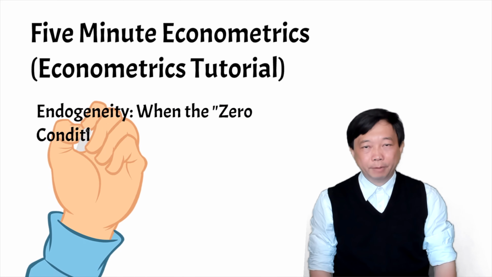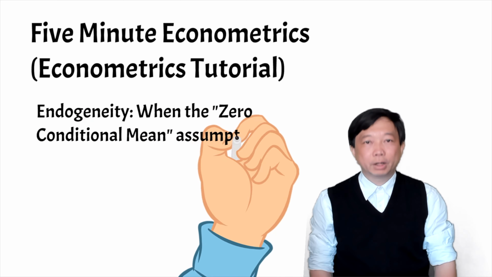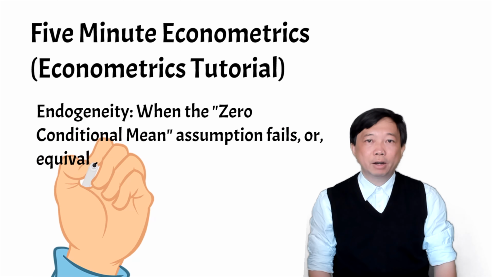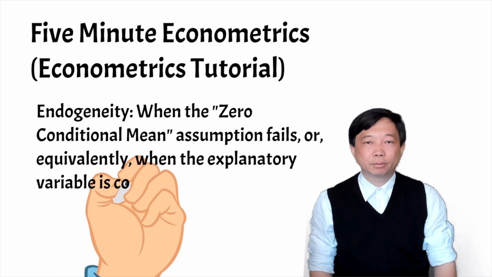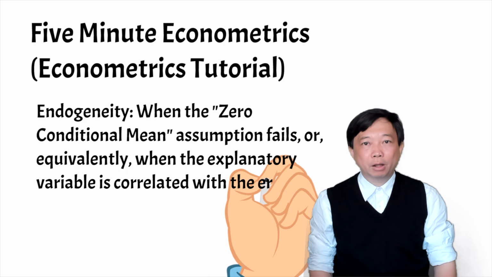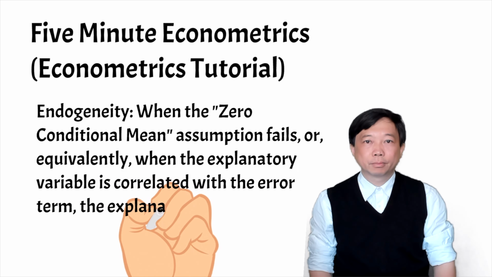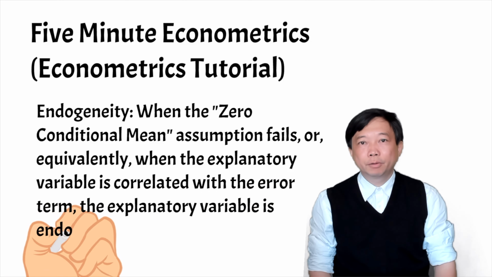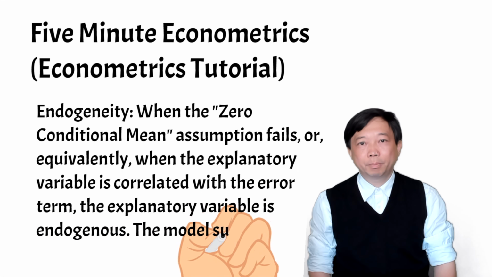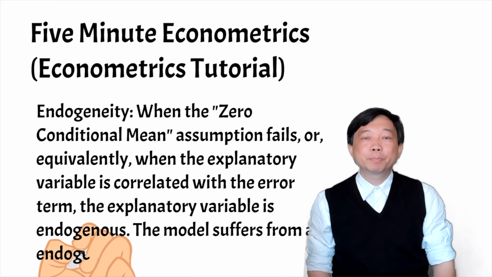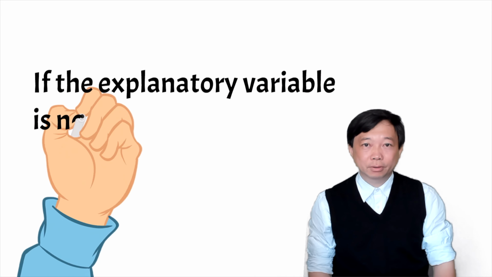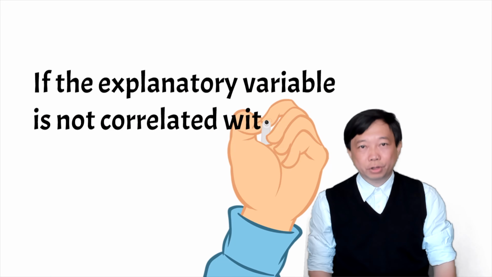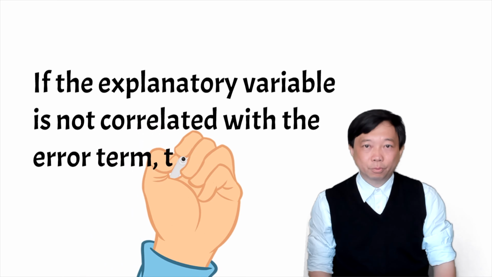If the assumption fails, or equivalently, if the explanatory variable x is correlated with the error term epsilon, then the explanatory variable is endogenous. The model suffers from an endogeneity problem. If the explanatory variable x is not correlated with the error term epsilon, then x is said to be an exogenous explanatory variable.